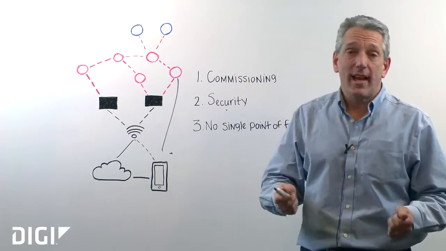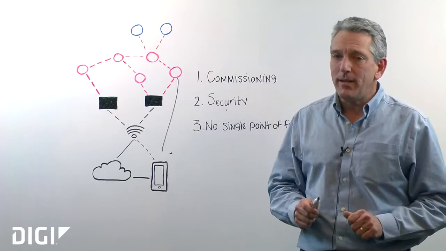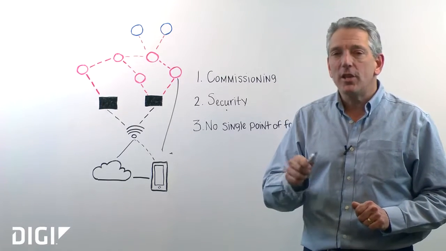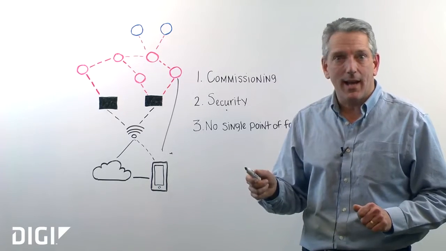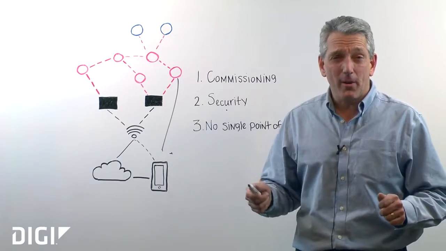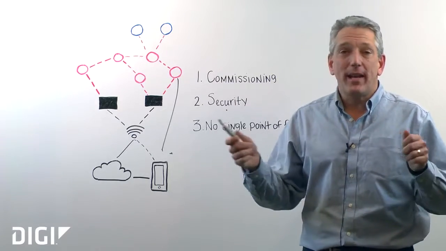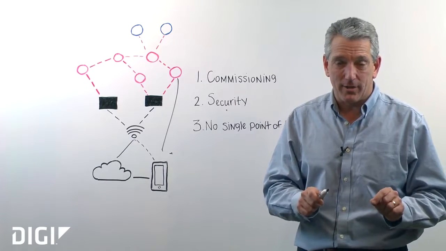Second, in addition to 802.15.4 based security, because it's an IPv6 based protocol, all the communications can use other security like TLS, DTLS, SSL, all those other IP-based protocols that go end-to-end. So you get end-to-end security as well as secure joining and authentication.